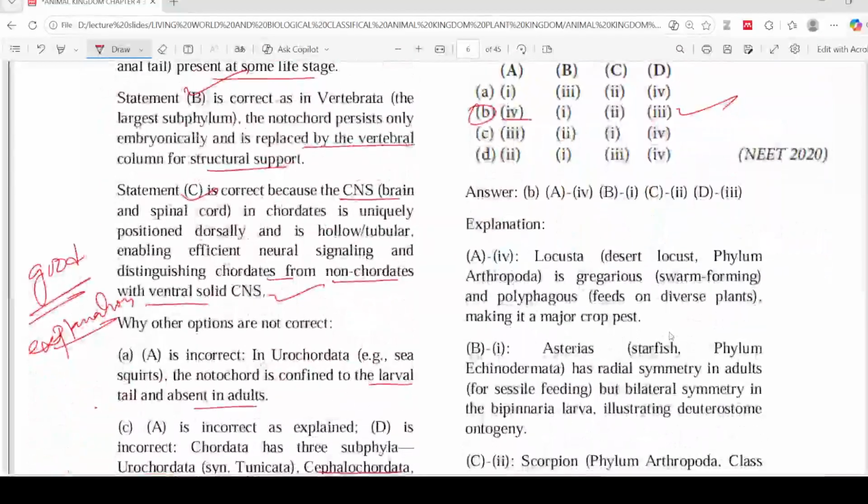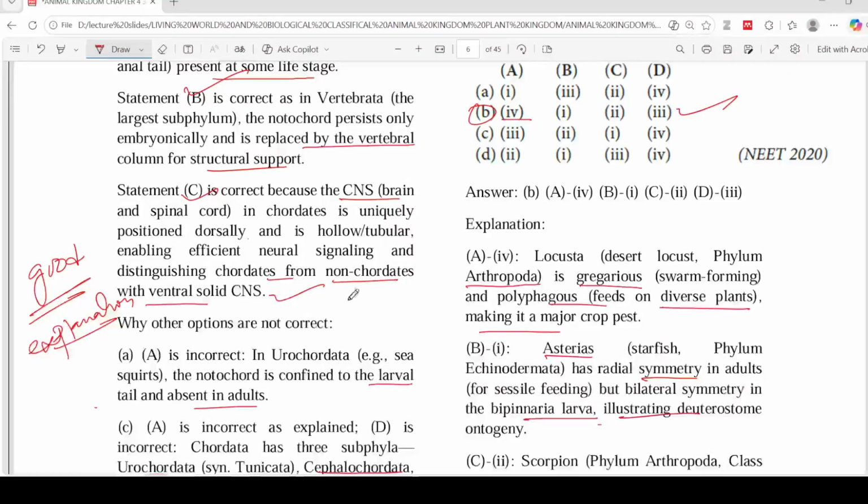So the explanation for this question is: locust, desert locust, belongs to the phylum Arthropoda. Gregarious means swarm forming, and polyphagous means feeds on diverse plants, making it a major crop pest. Asterias is a starfish. It belongs to Echinodermata, has radial symmetry in adults but bilateral symmetry in the larval stage, and its larva is called bipinnaria larva.